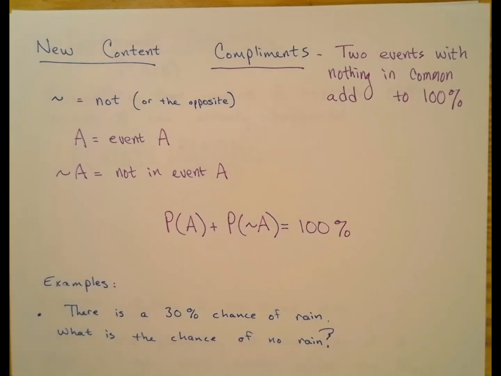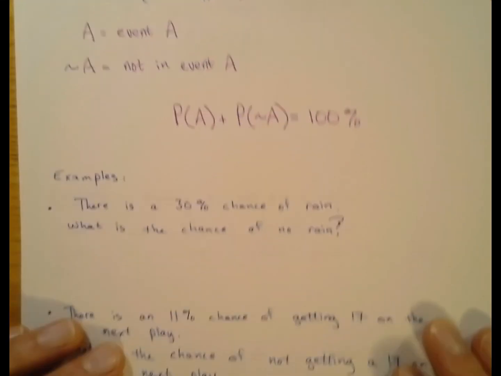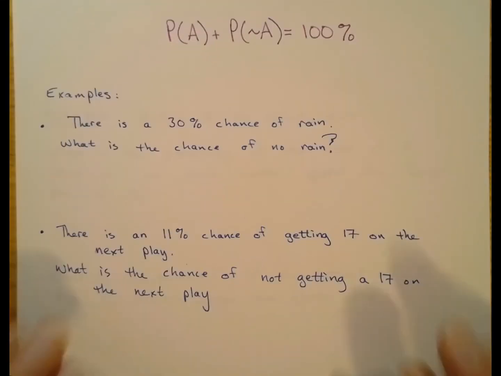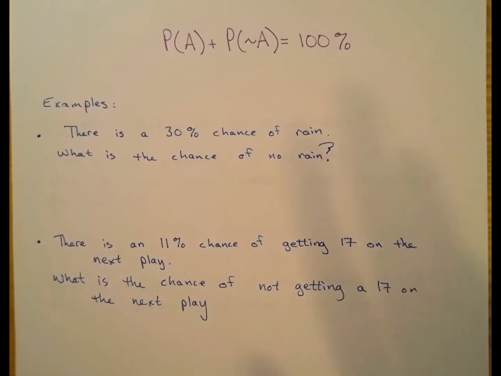If either something is going to happen or it's not, and there's no other option, it either happens or it doesn't, then the probability of an event happening and the probability of it not happening should add up to 100%. So here's a super quick example, two of them actually, and they're fairly easy to get. This idea of complements is pretty easy.